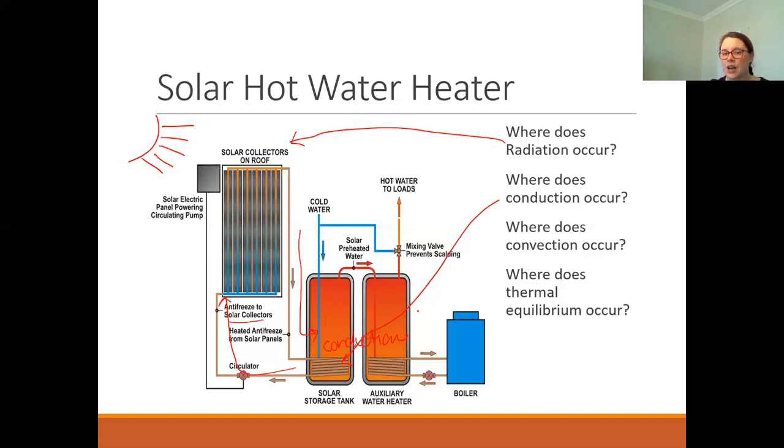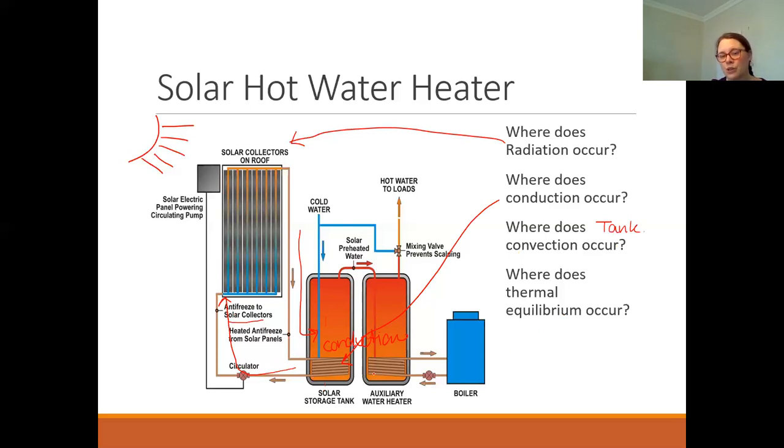Where does convection happen? Convection happens in the tank. Heat rises. You'll see up here the brighter red is an example of the hotter water, where the more orangey color is our cooler water. Where does thermal equilibrium occur?